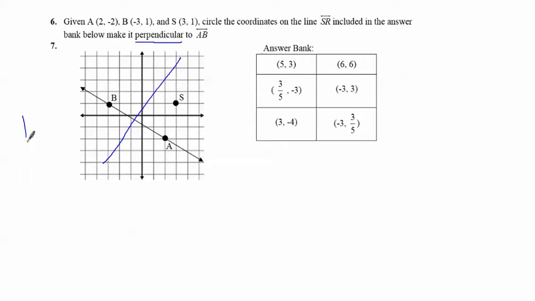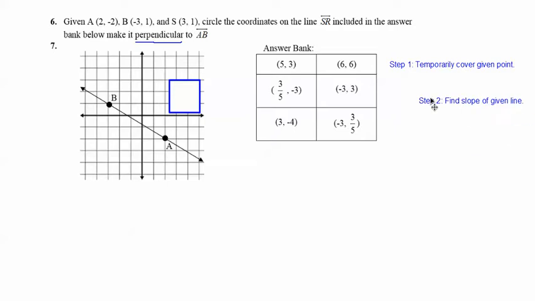And I know that perpendicular lines form a perfect X or a cross like that. But I cannot just guess where that line should go. I need to follow the steps on how to find the perpendicular line. And the first step that we're going to do here is temporarily cover up that point S that's given because we don't need it right now.